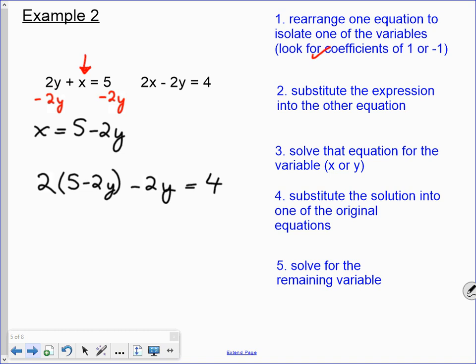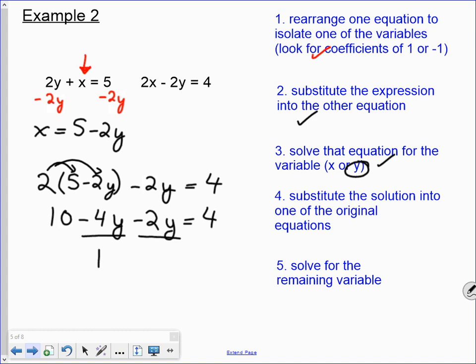Now we want to solve this equation for, in this case, y. So we've got to do distributive property. Okay. 10 minus 4y minus 2y equals 4. Collect our like terms here. Negative 4 minus 2 is negative 6y.